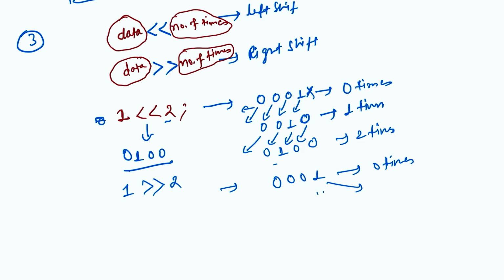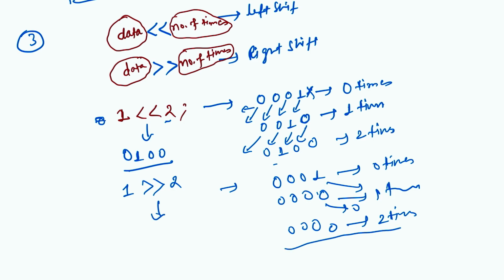Here will be 0, here 0 0, and again another 0 will come. This is the 1 time. For the second time, this 0 will go out, and now 0 0 0 0. If nothing is there, the result will become 0 0.